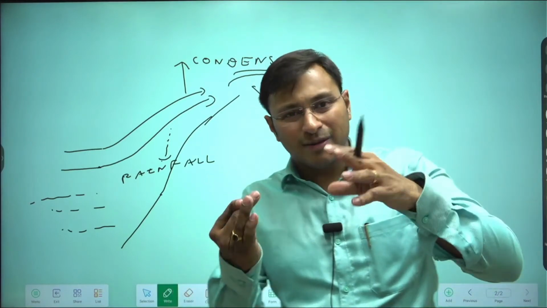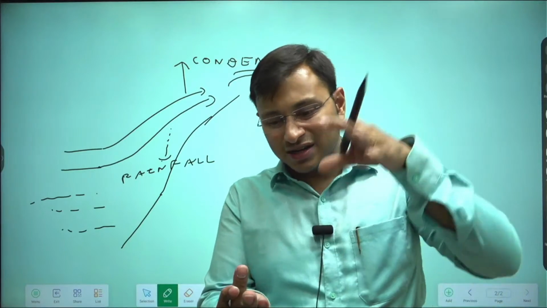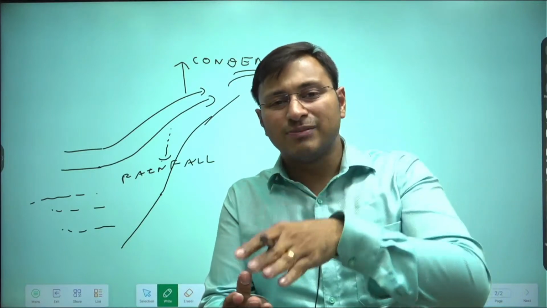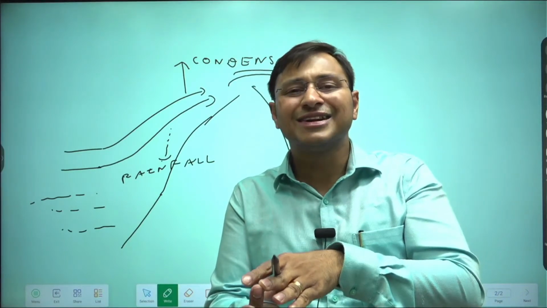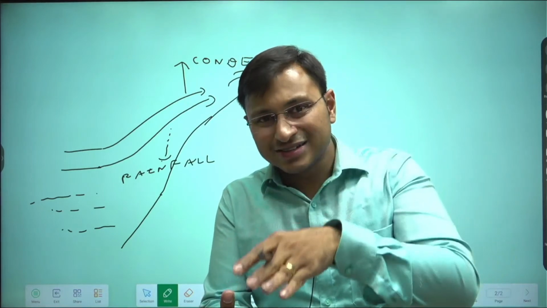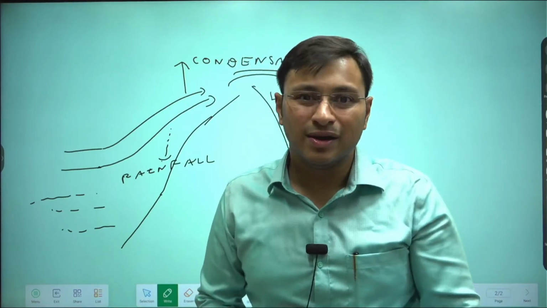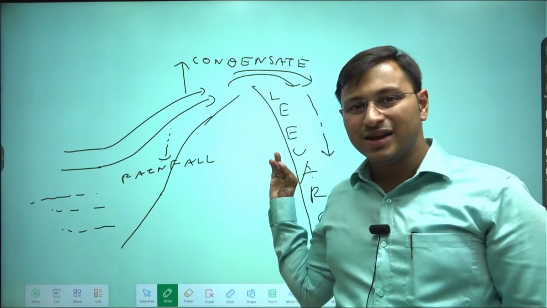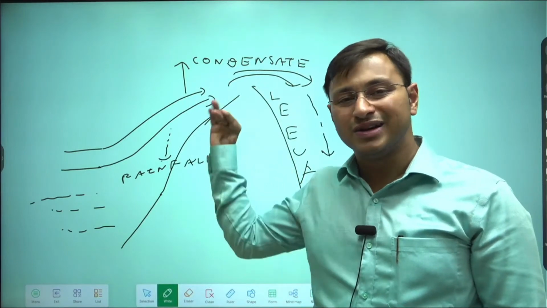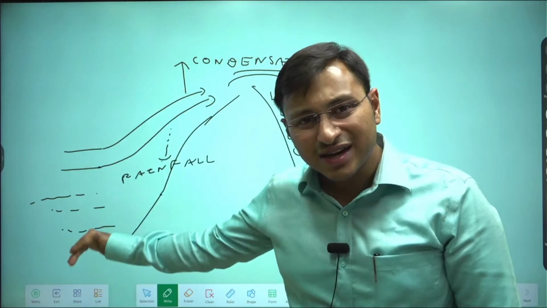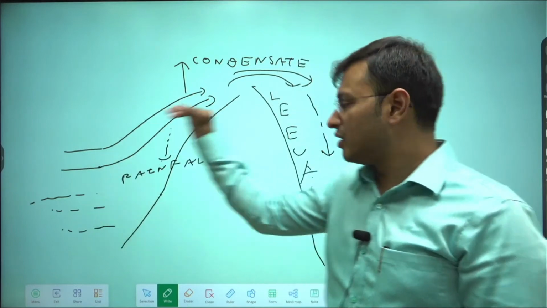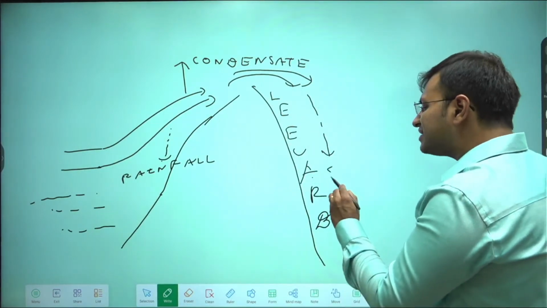Okay, my bad. If the air descends, it gets compressed and becomes warm, and the air on this side will desiccate out. So on this side you will have heavy downpour, and on this side you will have very scanty rainfall.